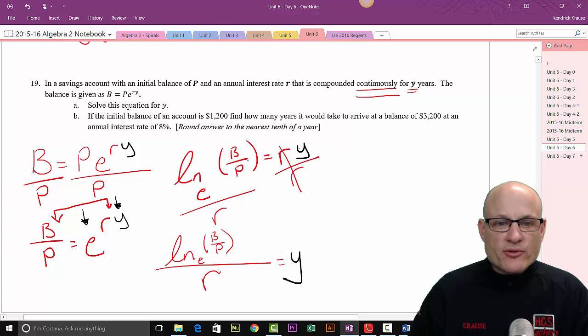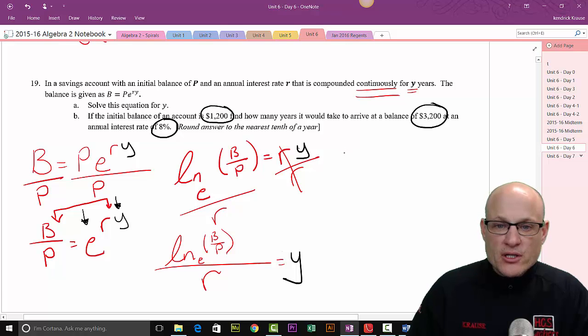All right, if the initial balance is $1,200, that's P, how many years would it take to arrive at a balance of $3,200 at a rate of 8%? So what we're going to do is just throw all these things in here. So the natural log of, now let's see, B is my ending amount, $3,200.